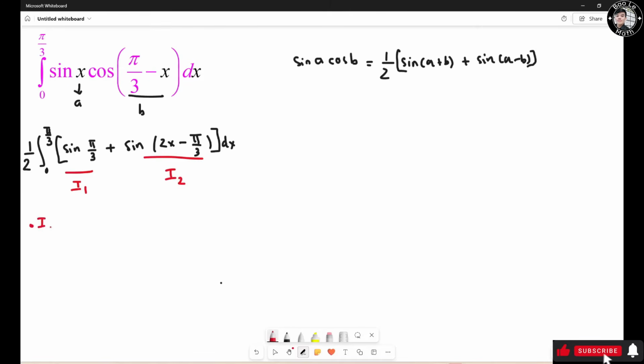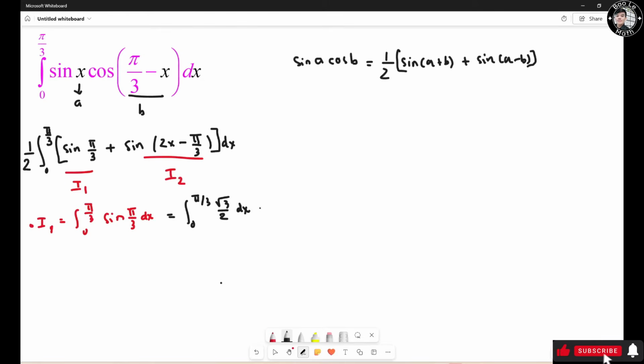So, I1 equals the integral from 0 to pi over 3 of sine of pi over 3 ds. Sine pi over 3 equals root 3 over 2, so this is the integral from 0 to pi over 3 of root 3 over 2 ds.